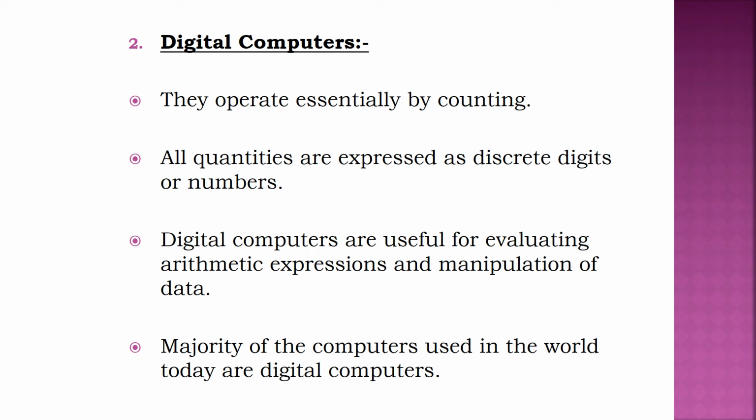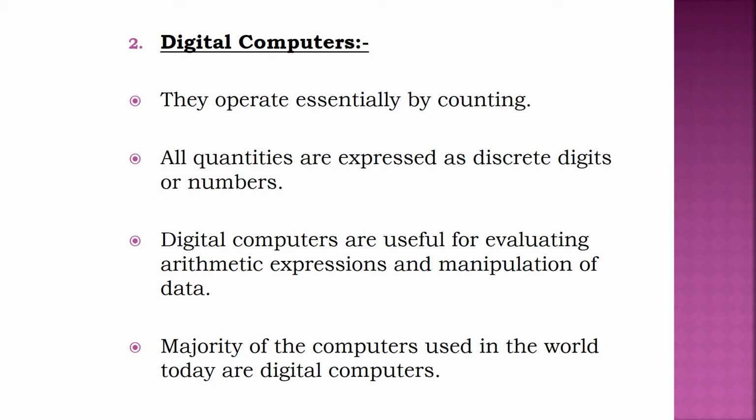Digital computers are unique. The digital computer is made for both general purpose and special purpose. A special purpose computer is one that is built for specific applications. Digital computers operate essentially by counting.